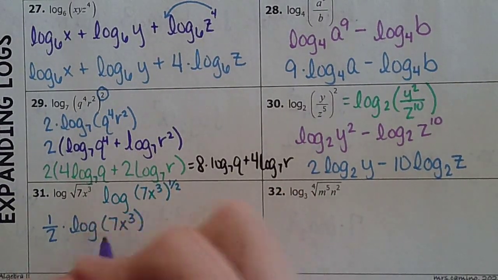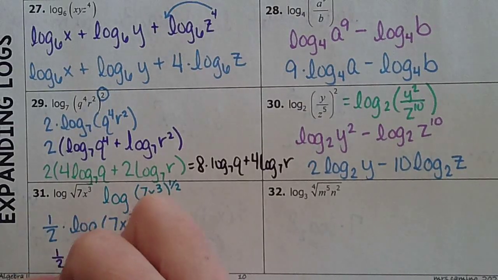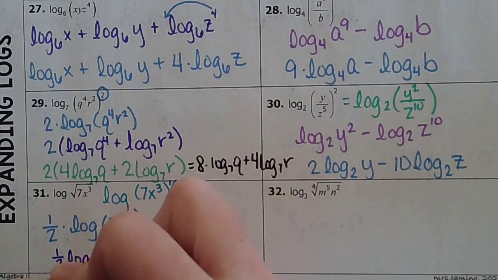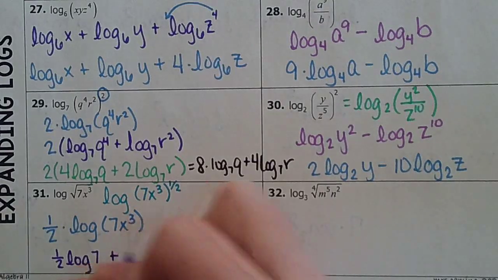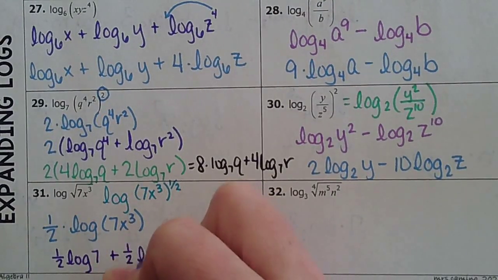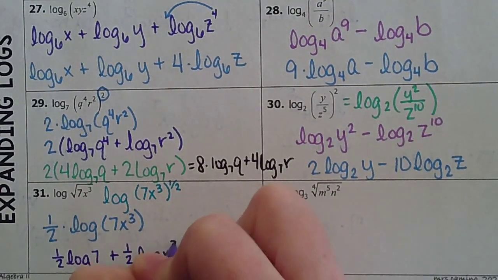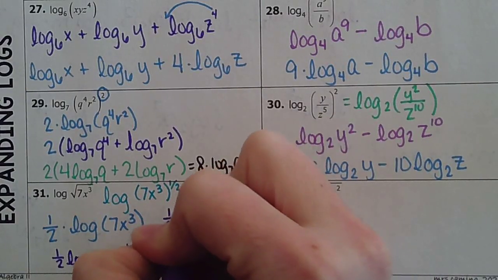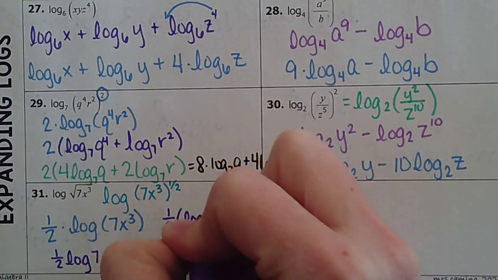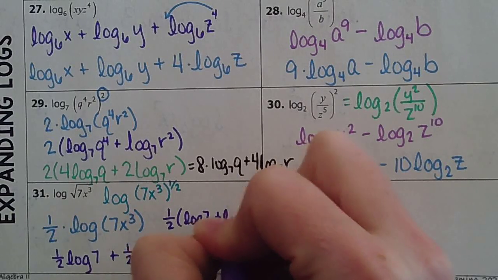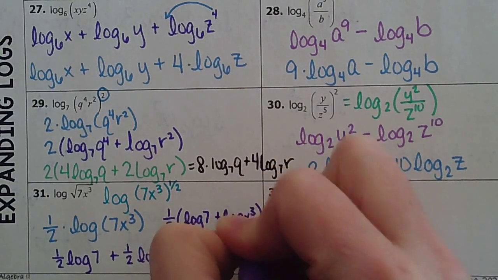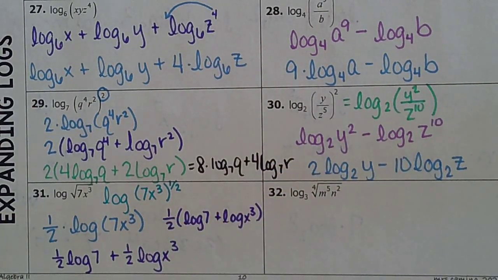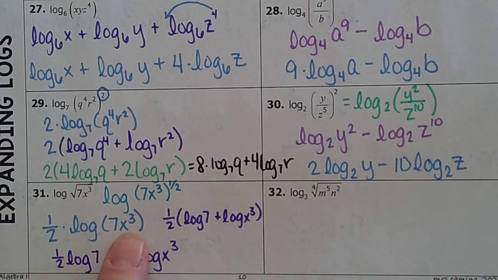So I'm going to have 1/2 log base 7 plus 1/2 log of x cubed. Or I could also write it this way, 1/2 times log of 7 plus log of x cubed, and then distribute the 1/2. Whichever way you can see it, this 1/2 belongs to both pieces.